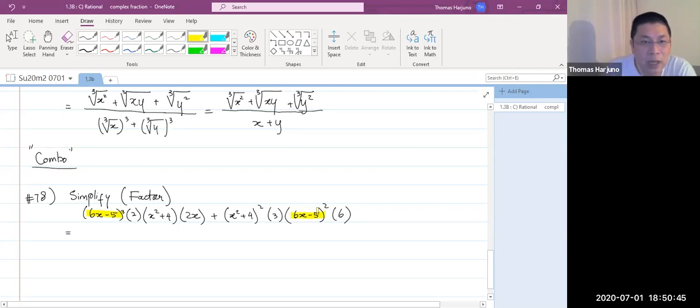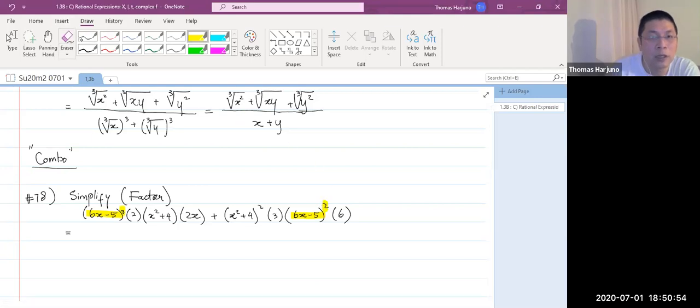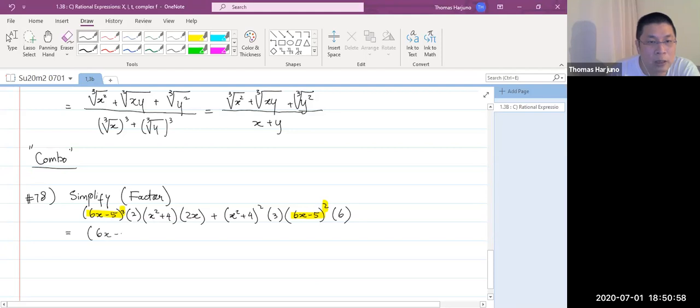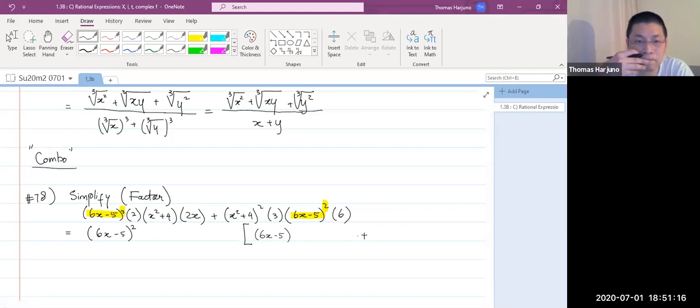Now for 6x minus 5, when we do factoring, we factor out the smallest exponent, of course. The smallest exponent is squared. So I will factor 6x minus 5 squared out. Then in the first term, I have one 6x minus 5 left, and of course, the second term doesn't have any 6x minus 5 left.